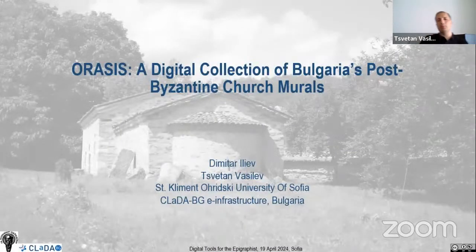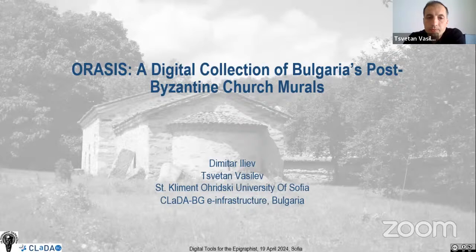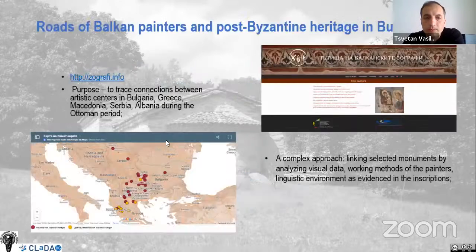So this is the ORASIS project, a digital collection of Bulgaria's post-Byzantine church murals. I already told you about the name of our project, and about the teams of Balkan painters.